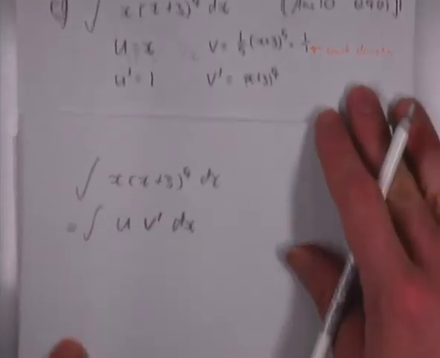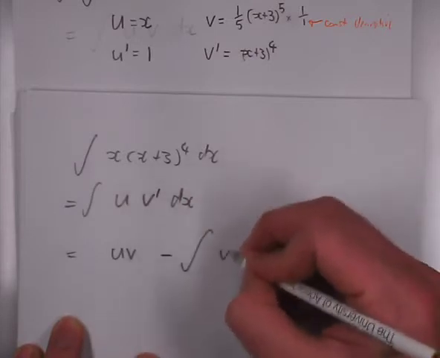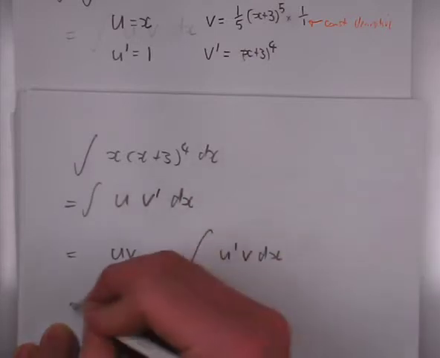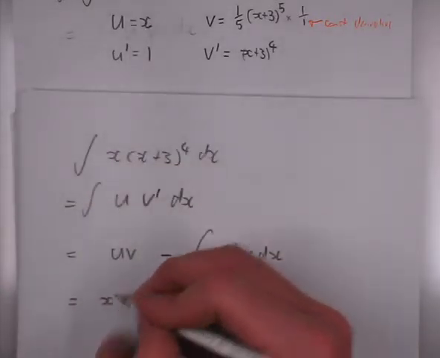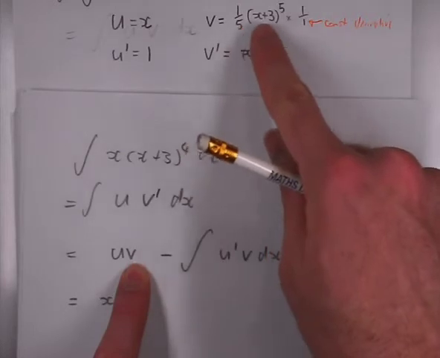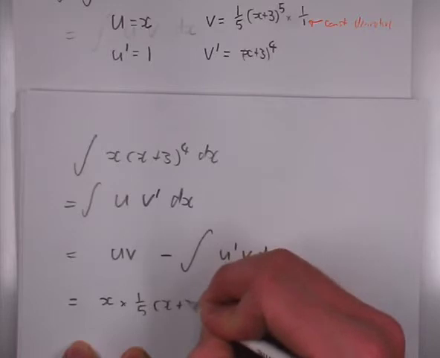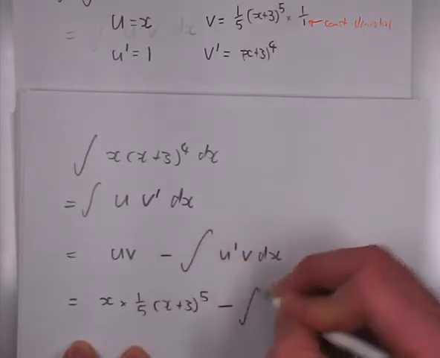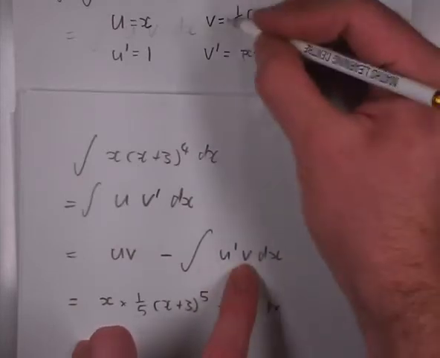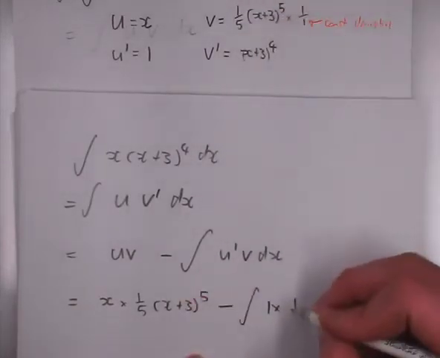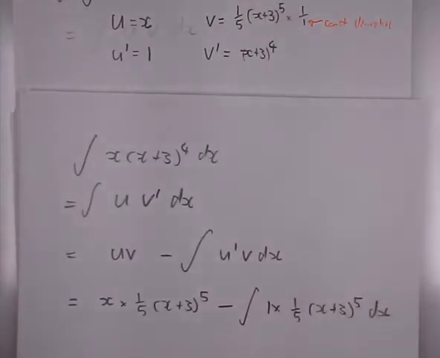Cool. So now, using that information, I know that this is going to be u v minus the integral of u dashed v. So u is x, and v is 1/5 of x plus 3 to the 5. U dashed is 1, and v is 1/5 x plus 3 to the 5.